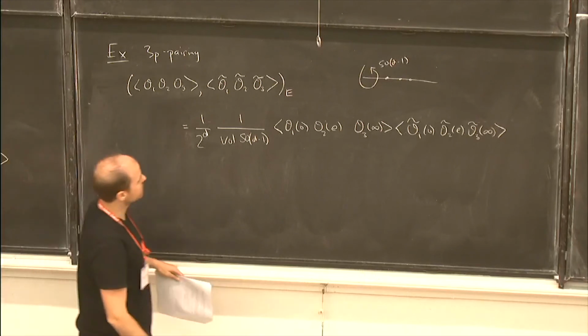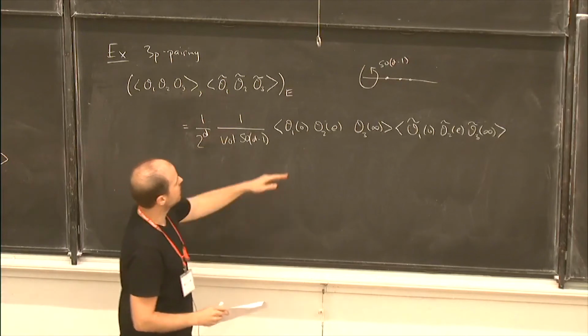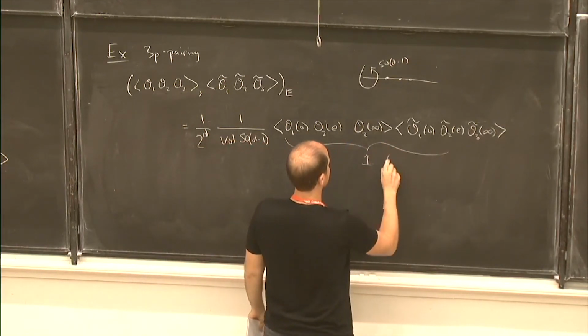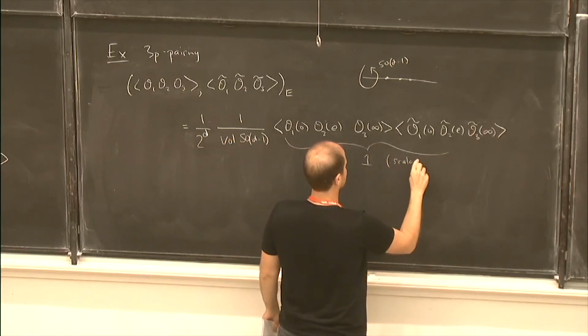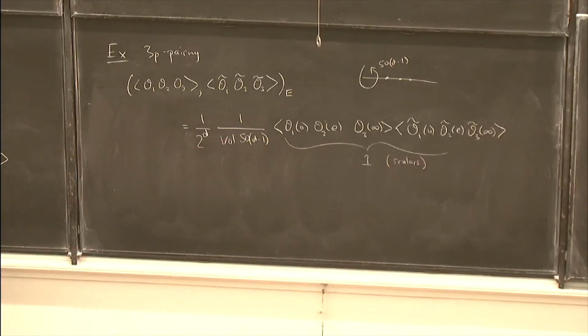For example, in the case where all 3 operators are scalars, then each of these factors is just 1. Okay, so these pairings might look a little scary, but for 3-point functions, there's no actual integral to do. For 4-point functions, there's just a single integral to do, and we'll talk about that in a little more detail later.